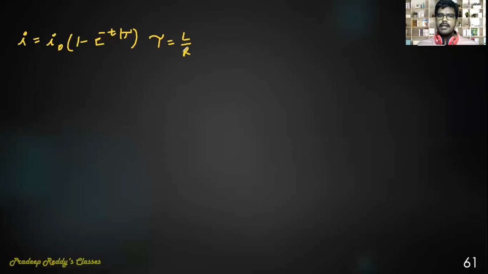Students, we have already learnt the equation for growth of current in the circuit. That is I is equal to I naught into 1 minus e power minus t divided by tau, where tau is equal to L divided by R, where L is the self-inductance of that particular inductor, and R is the resistance which you are connecting in the circuit.